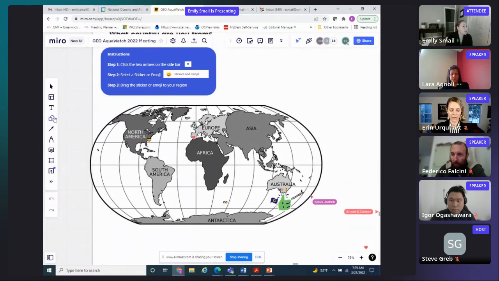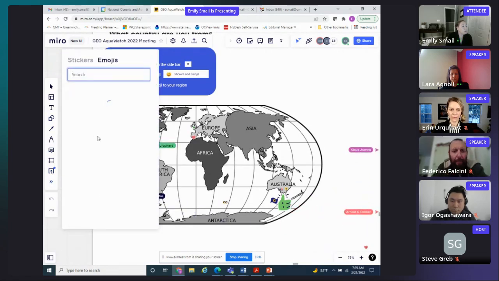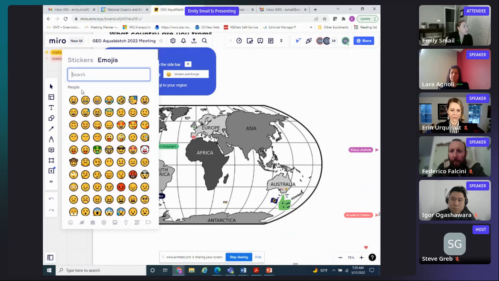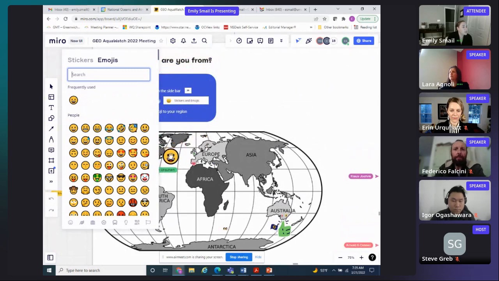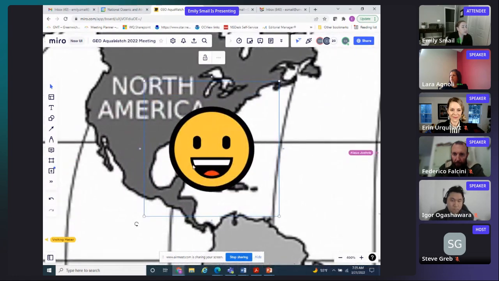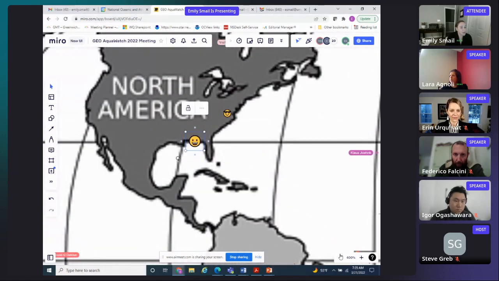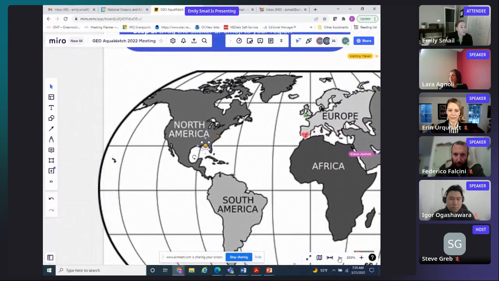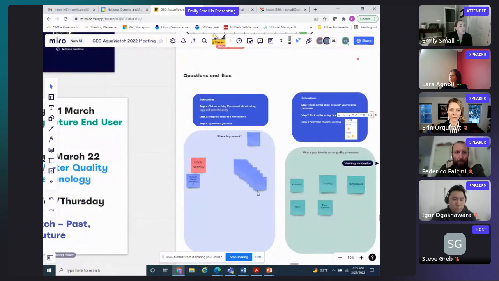So we just have one here where you can go here and find an emoji or sticker, and then put it where you are from, and you can change the size and whatnot. So I'm here in Florida right now.